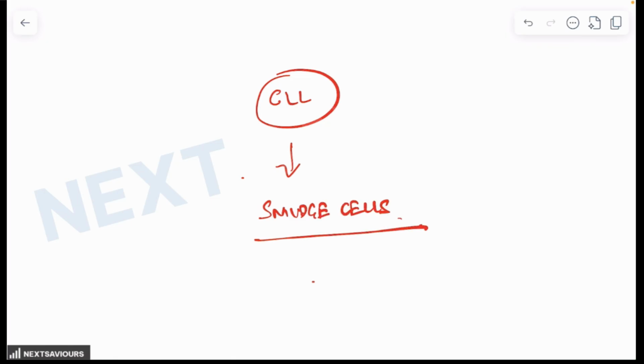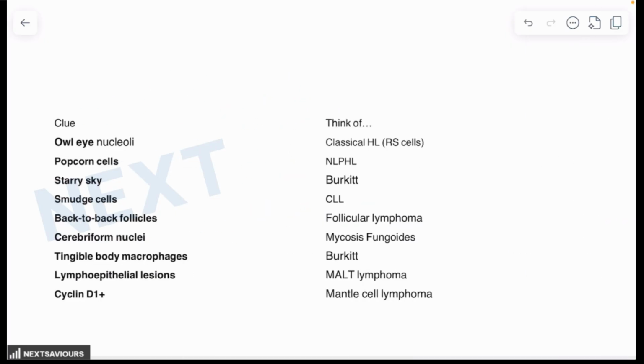Now, there are other histological findings, like in the case of chronic lymphocytic leukemia, where you see numerous smudge cells, which are pale, irregular, ghost-like fragments. So there are multiple of these histopathological findings on the basis of which you can conclude the answer. All right, it helps you in making out the answer.